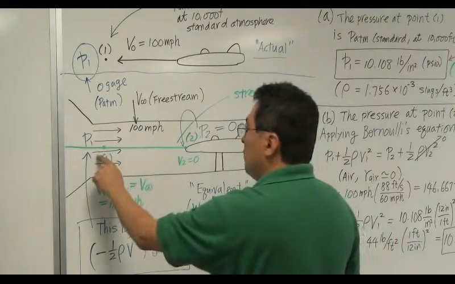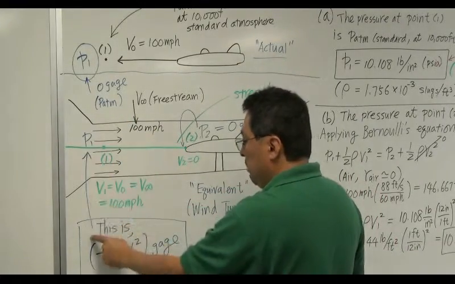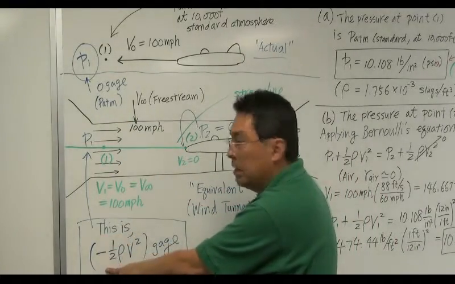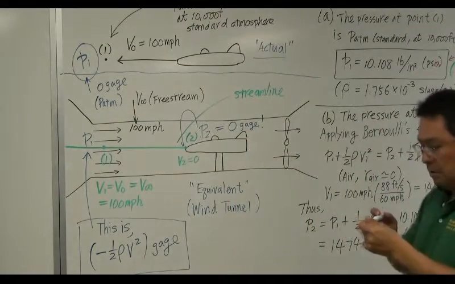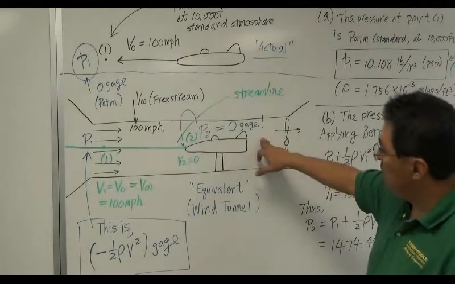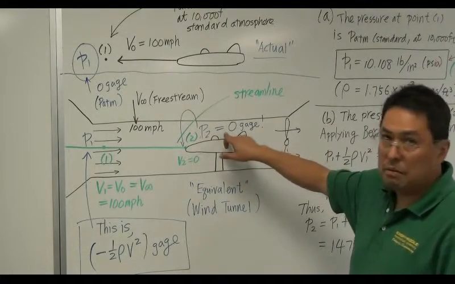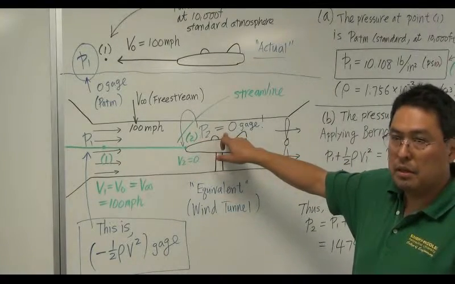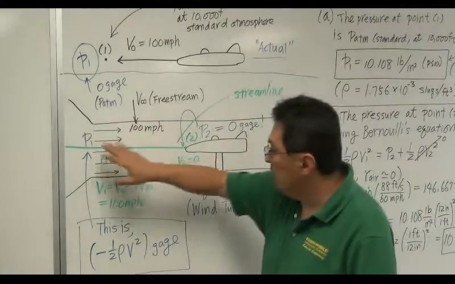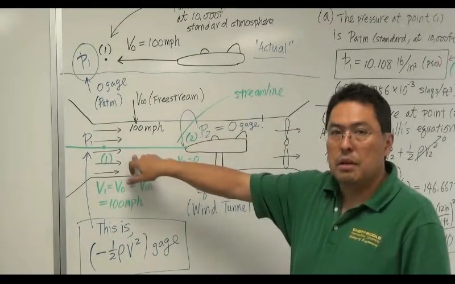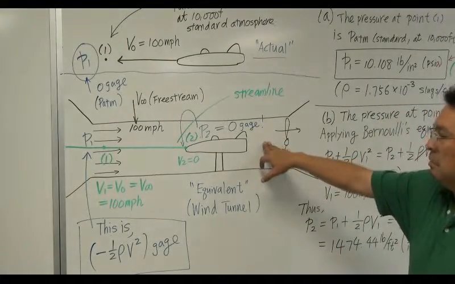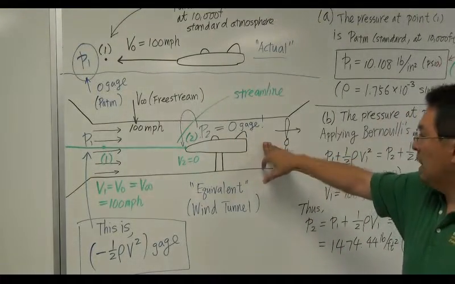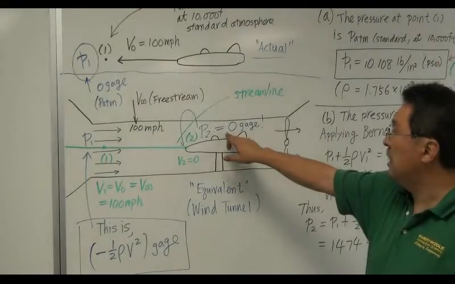And right here at the free stream, pressure is lower than local atmospheric. So within a blow-down type of wind tunnel, the highest pressure you can achieve is, of course, local atmospheric pressure. Everywhere else is vacuum pressure. Obviously that's true because there's no way you can compress air within the wind tunnel. So the highest pressure you can get is 0 gauge.